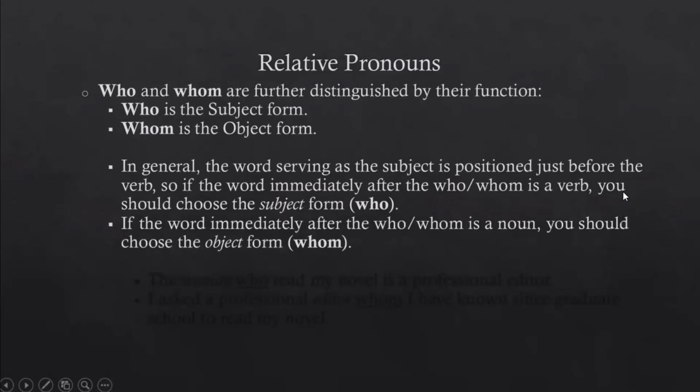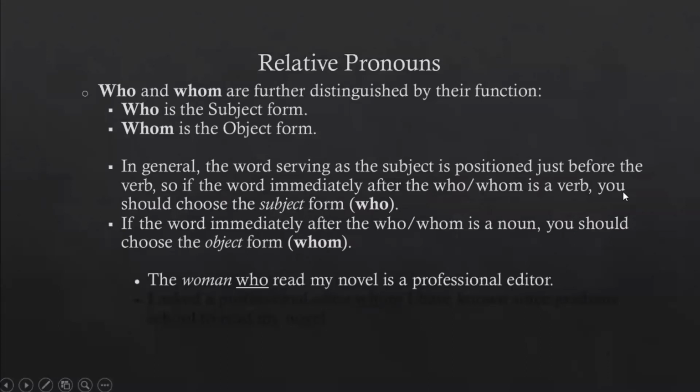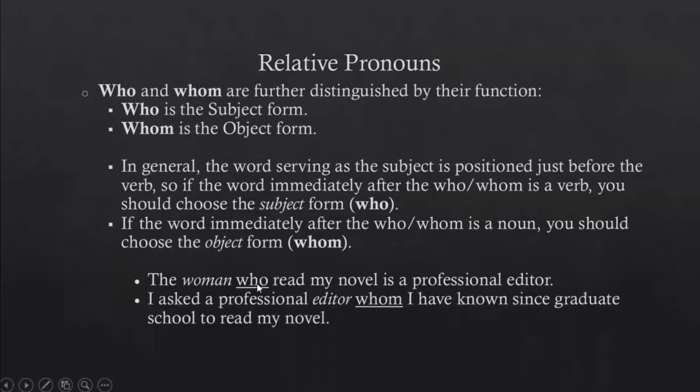If the word immediately after the who or whom is a noun, use the object form. So here's an example. The woman who read my novel is a professional editor. Read is a verb. So go with who. I asked a professional editor whom I have known since graduate school to read my novel. I is a pronoun. So you go with whom.